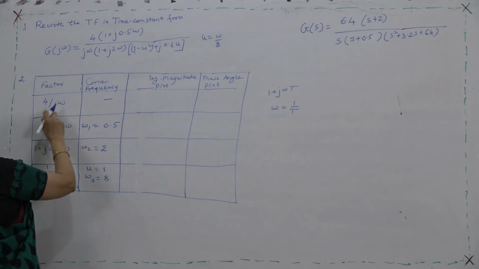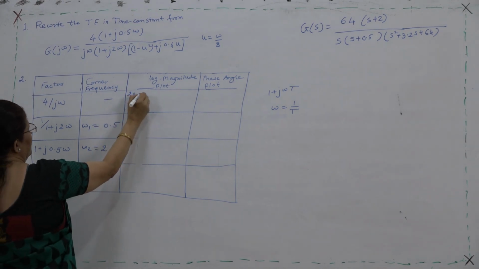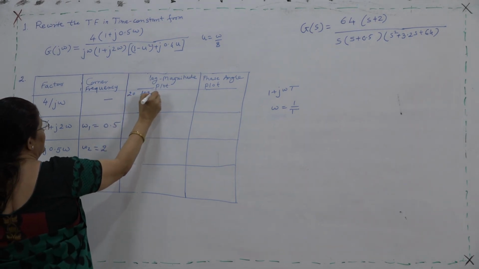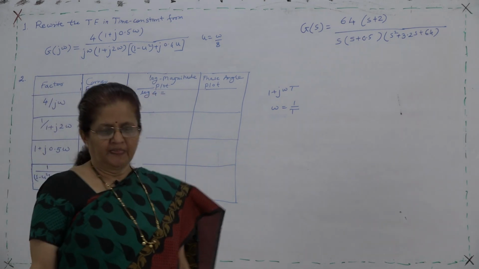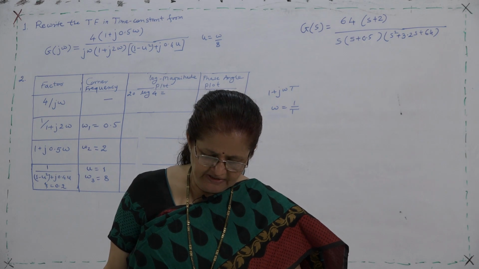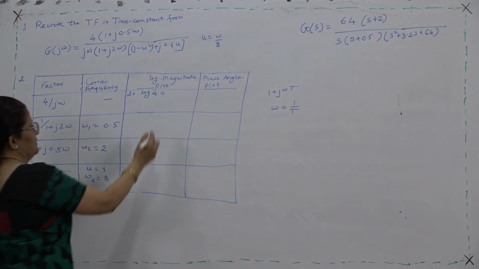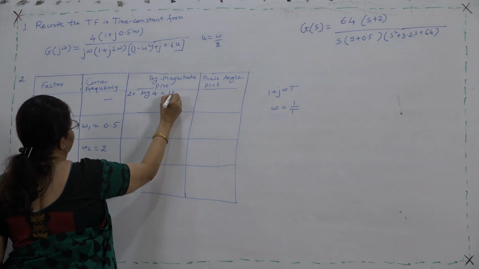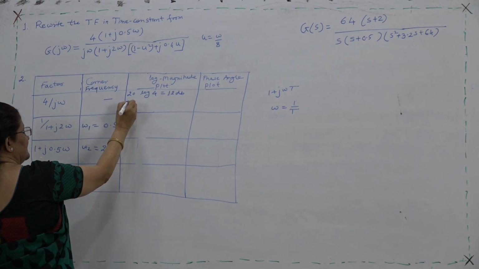Describe here what you will get. 20 log of 4, 20 log of k. So, 20 log of 4, first find out this value. It is 12 dB. Then what you will get here?